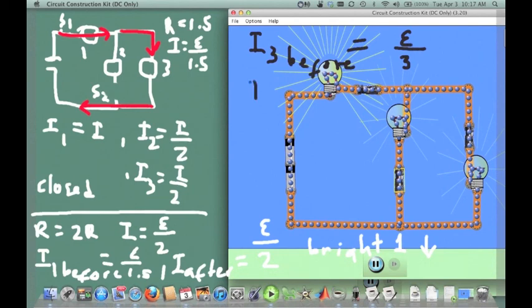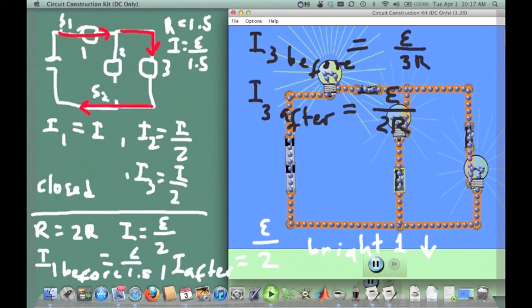What is the current flowing through that light bulb, number 3, after you open the switch? So now it's epsilon divided by the net resistance of the circuit. When S2 is open, the circuit is series 1 and 3. The net resistance is 2R. So what happened to the current flowing through the third light bulb?